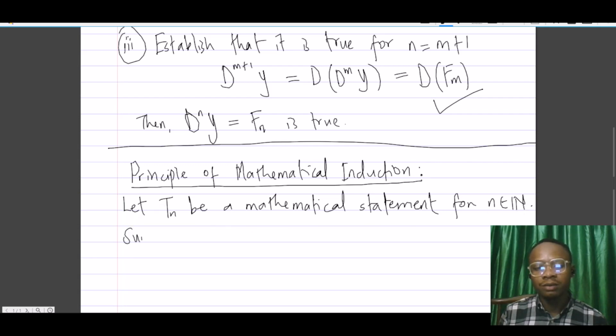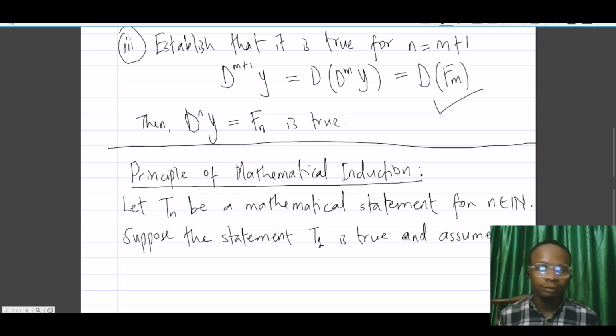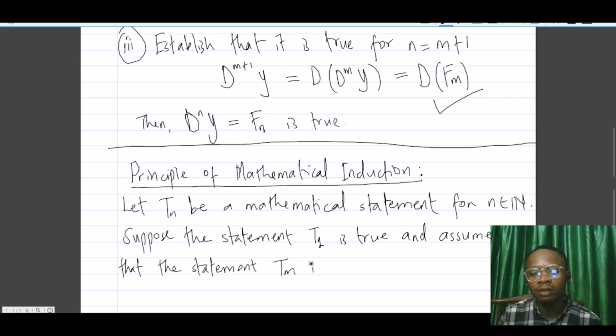And now suppose the statement T sub 1 is true, and assume that the statement T sub m is true for some m element of the natural numbers.